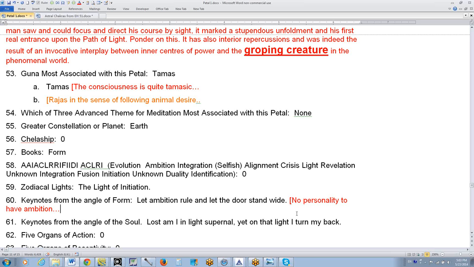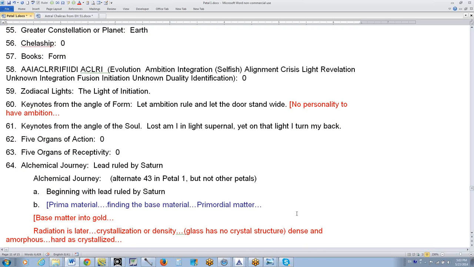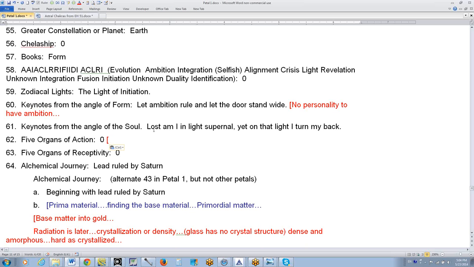Are there any keynotes from the angle of the soul? Not really. Lost am I in light supernal? No. It may be the way of light, but no. I think these have been added by my editor, some of these. There's no particular emphasis on the organs of action. Well, maybe, the organs of action, of course, some of them continue. The sacral center is an organ of action, and it's involved.